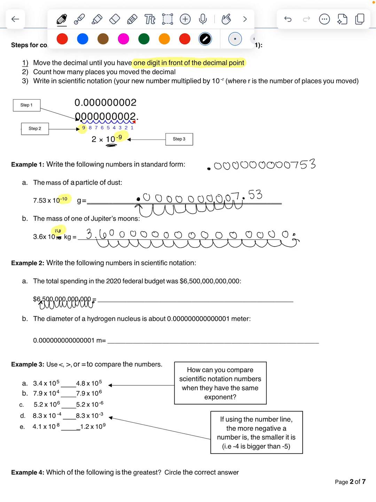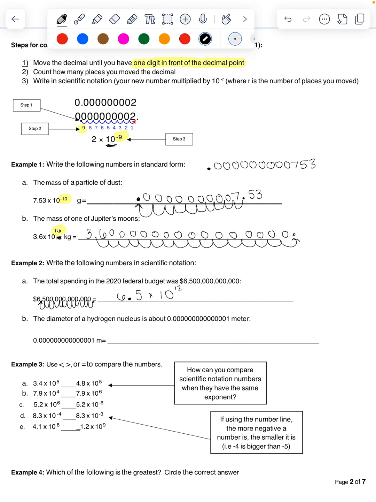You might be tempted to stop at the 5 because it's not a 0. But remember, our first number needs to be between 1 and 10. 65 is not between 1 and 10. 6.5 is between 1 and 10. And of course, now I forgot how many times I moved it. 1, 2, 3, 4, 5, 6, 7, 8, 9, 10, 11, 12. So 6.5 times 10 to the 12.